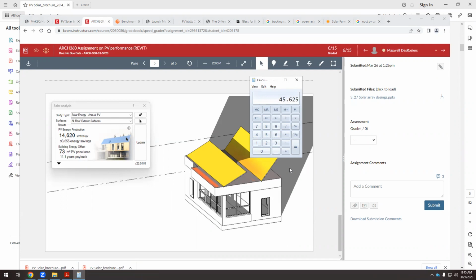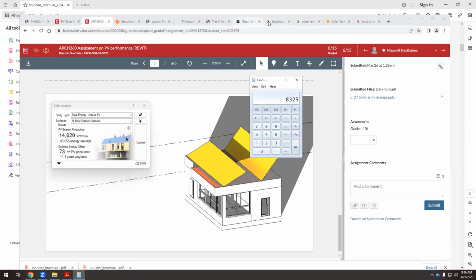So we have 45 panels. If the production of one panel is 185 watts under the NOCT conditions, the total production of this PV array is 8,325 watts.